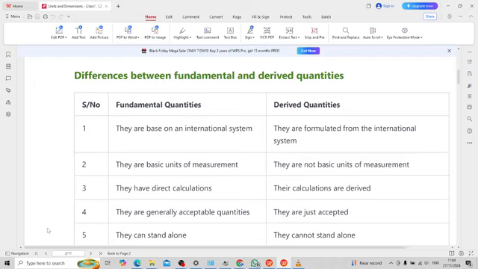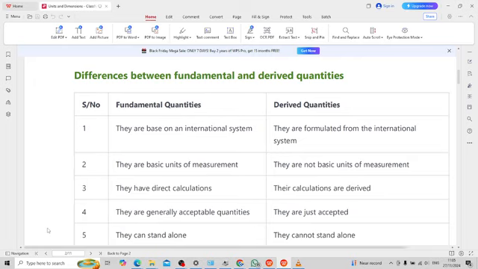Okay, so you can see the difference. Fundamental is at the base, while the derived quantities are developed based on formulas that depend on that system.